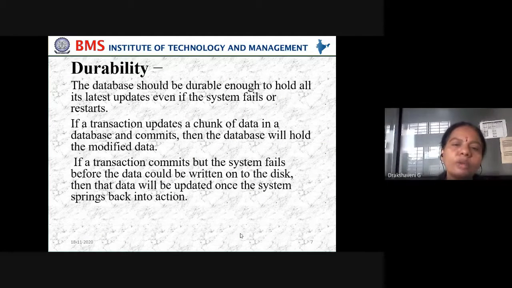The database should be durable enough to hold all its latest updates even if the system fails or restarts. Suppose you have downloaded some application, let us say SQL, to execute all your SQL programs.